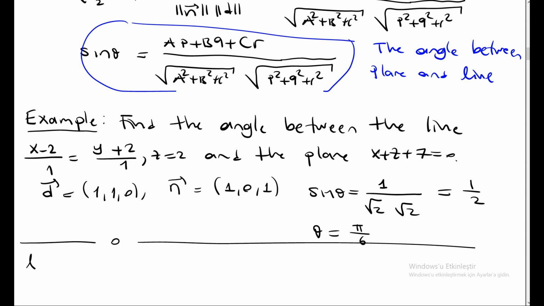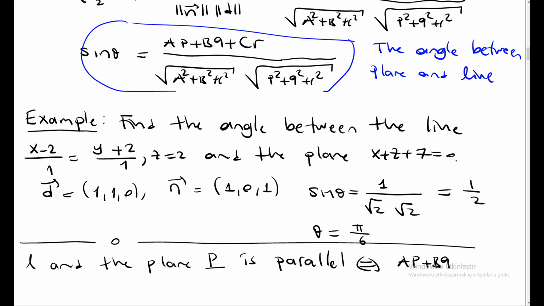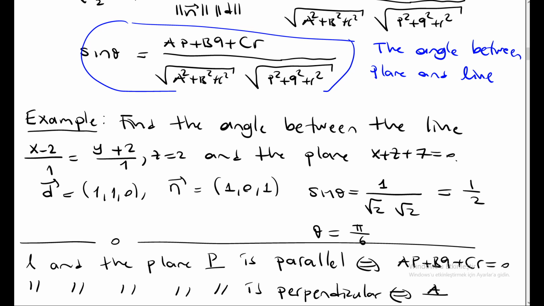So L and the plane P are parallel if and only if A times P plus B times Q plus C times R is 0. And L and the plane P are perpendicular if and only if their normal vector and the direction vector are parallel to each other.